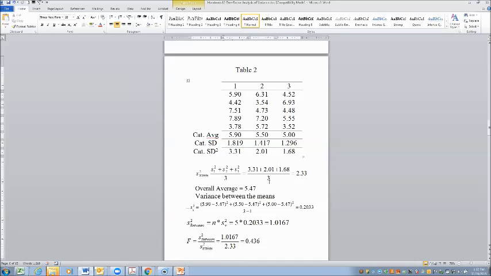So I can get an overall estimate of population variance by taking the average of these three things. Each one of these values gives me an estimate of the variability within a column. So if I take the average of those variabilities, I get an overall estimate of the variability within a column.